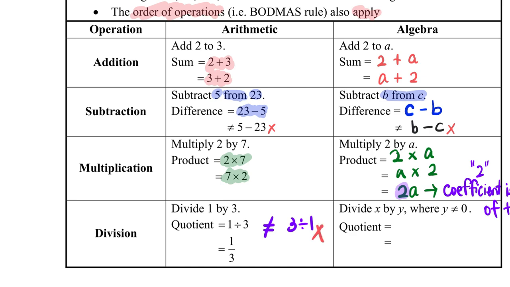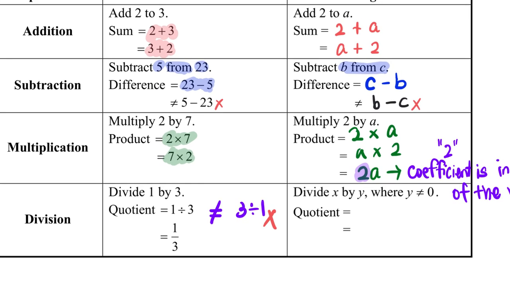If I apply this over to the other side, then x, divide x by y, would be x divided by y, and this will be x over y. And we must leave it in this form.